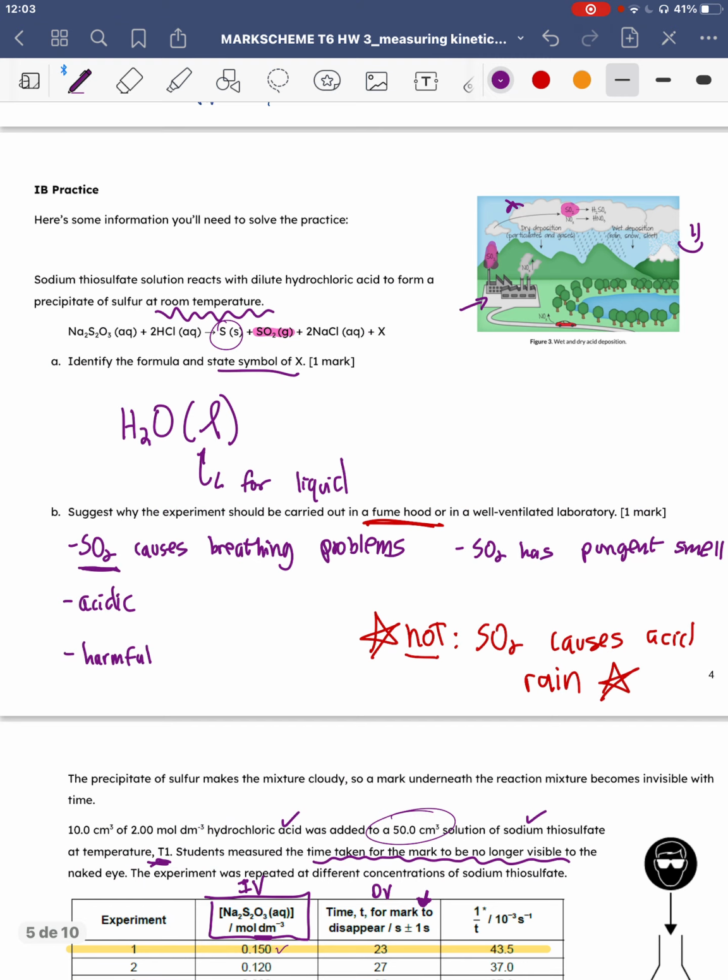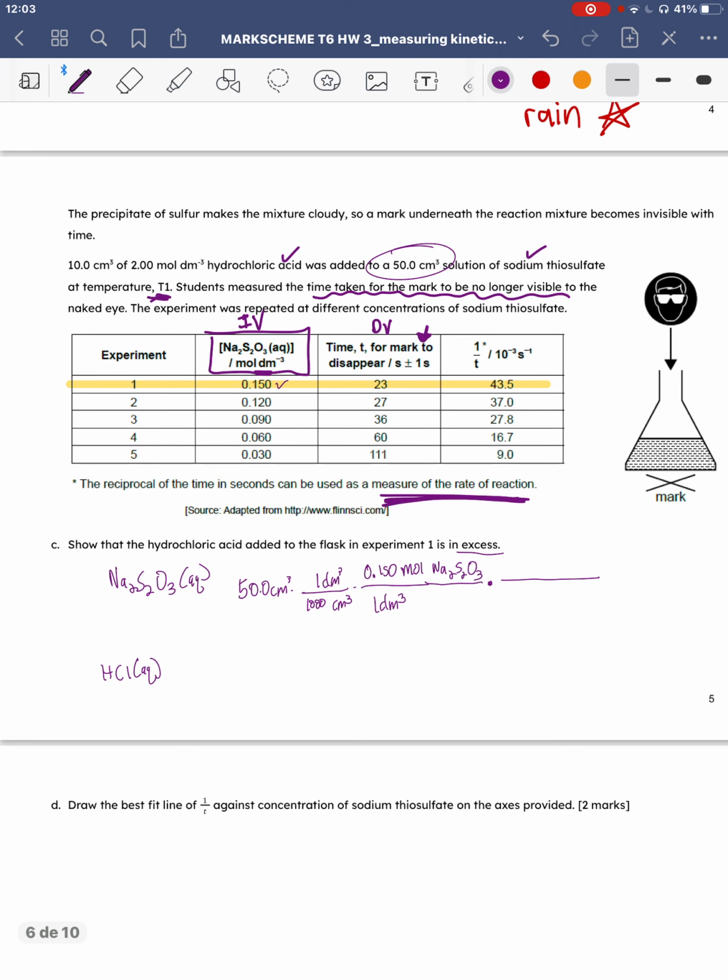So sulfur is a coefficient of 1. Sodium thiosulfate also is a coefficient of 1.